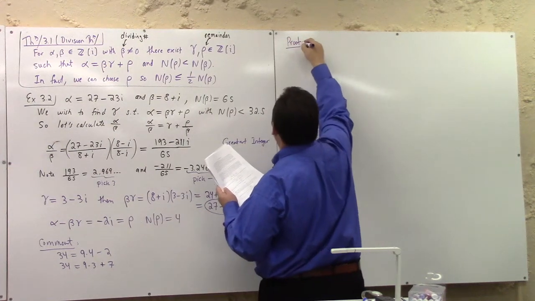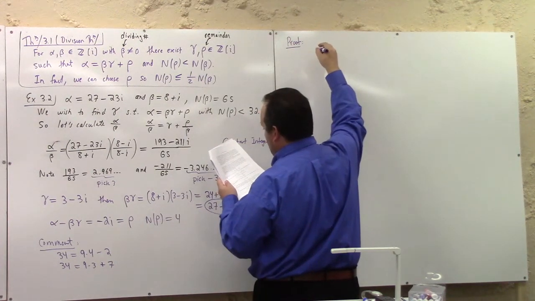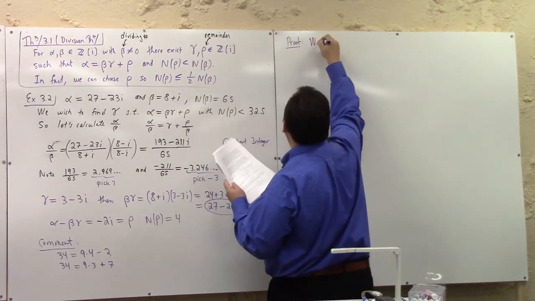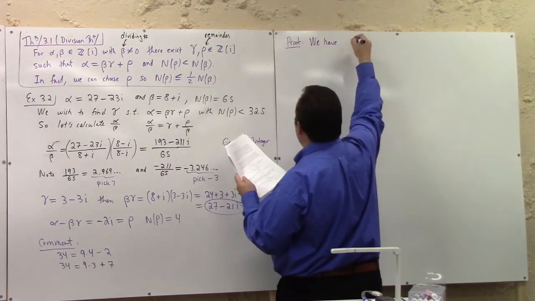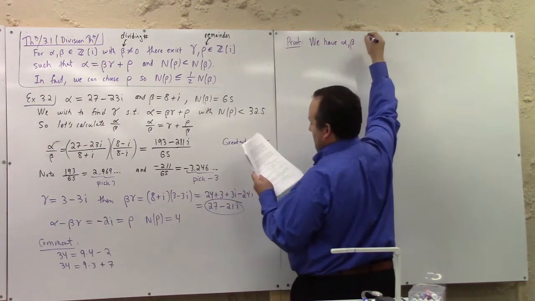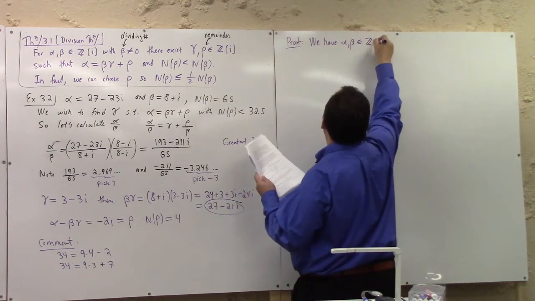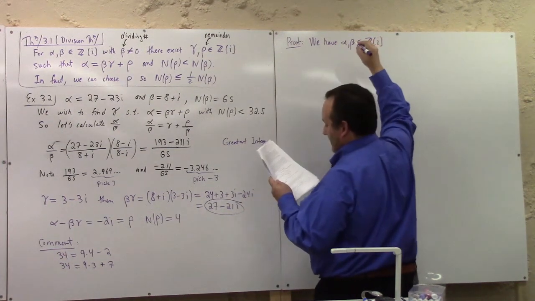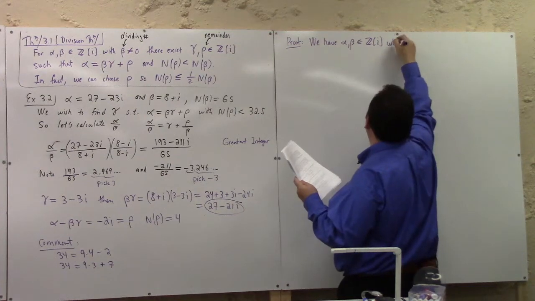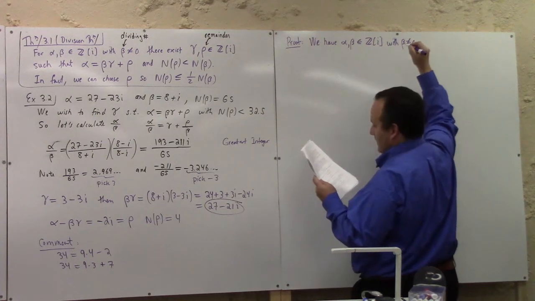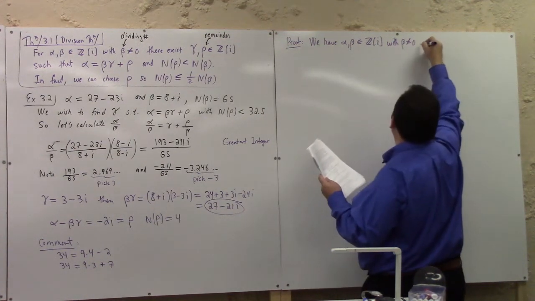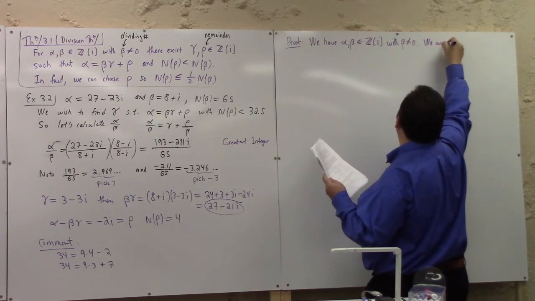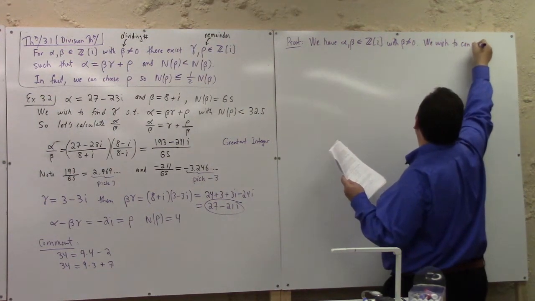And I'm pretty much going to follow Conrad line by line because it's just beautiful. We have alpha and beta in the Gaussian integers, all right, with beta not equal to 0. We wish to construct what?